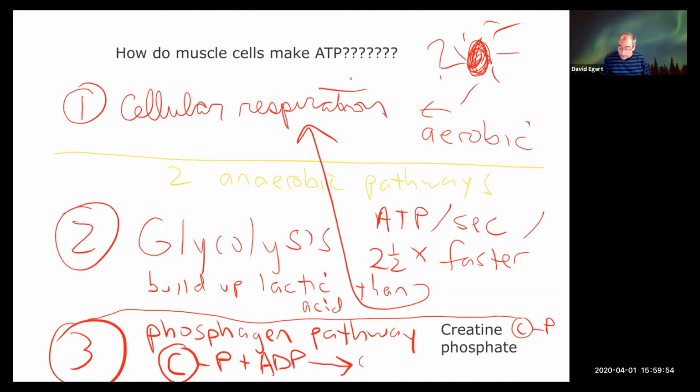It's going to be the creatine, which needs to get regenerated, plus an ATP. One step. So this is going to be 4 times faster than waiting around for cellular respiration.